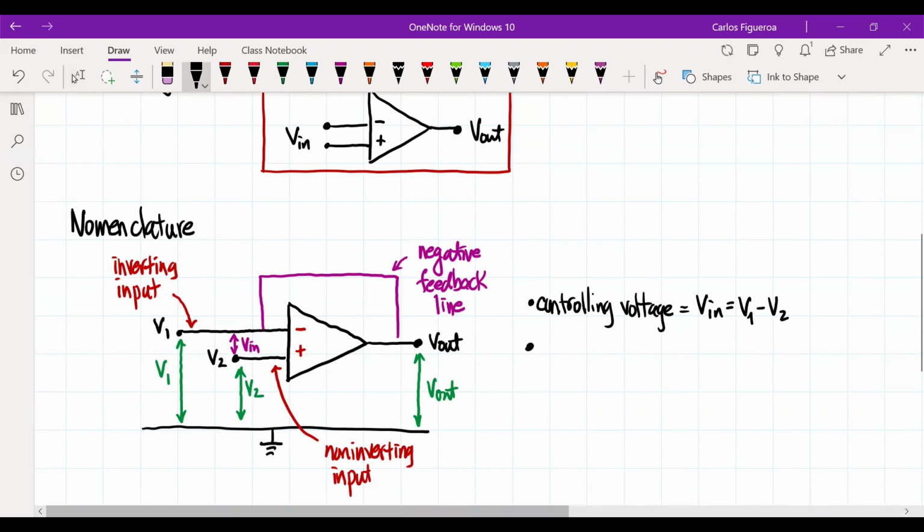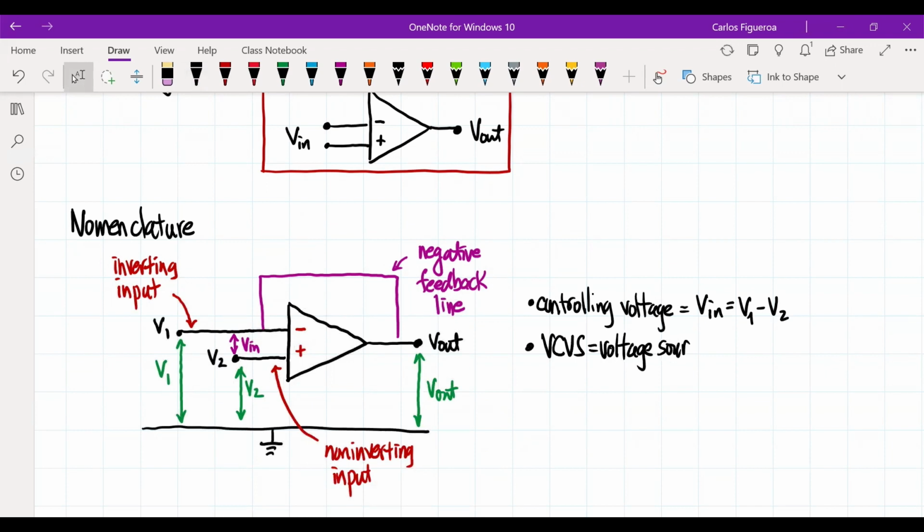The other thing that we should look at is that the voltage-controlled voltage source, that is, this is our voltage source, is called V out, and it's equal to the gain times Vn.